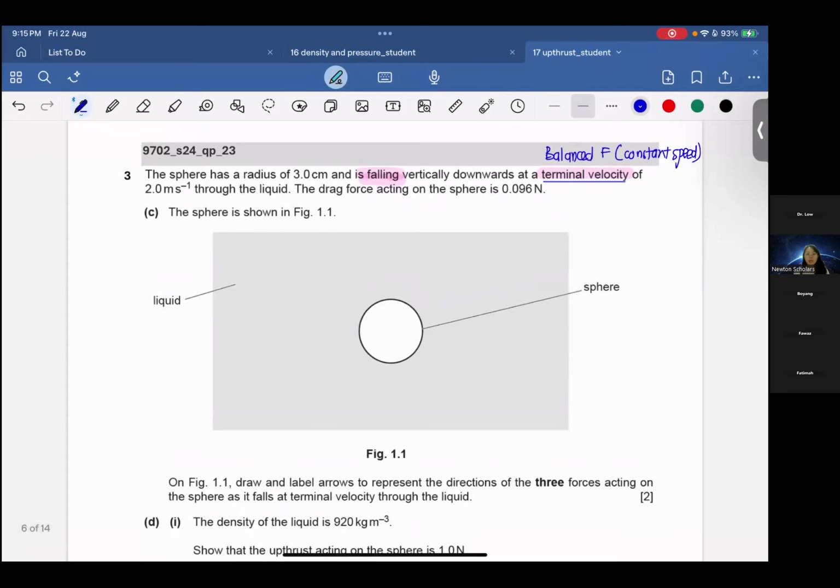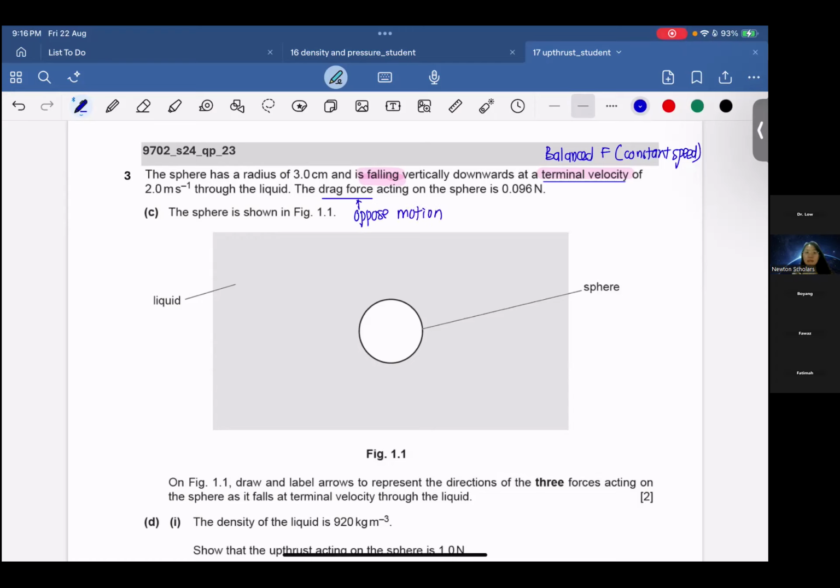Still remember I told you a balanced force has two cases: one is an object at rest, or an object moving at constant speed. So based on this, I know that it is a balanced force, so upward force equals downward force. Then the question said that the drag force always opposes motion.